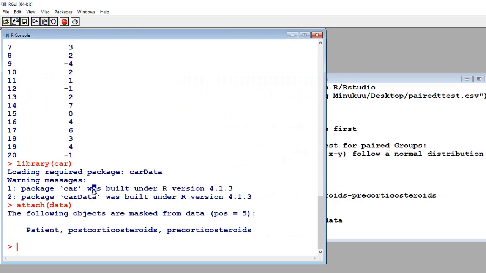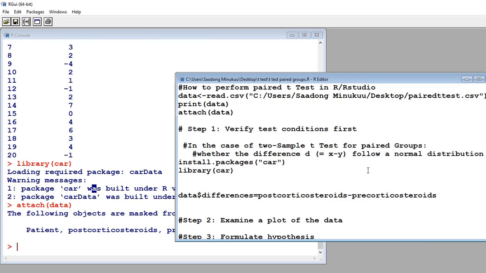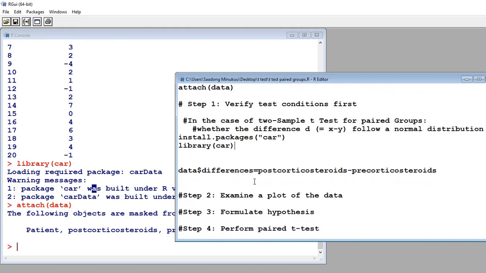Okay, now after attaching the data set, we can simply go ahead and perform our Shapiro-Wilk test. So I'm actually going to say shapiro.test into brackets, then I will simply say differences.